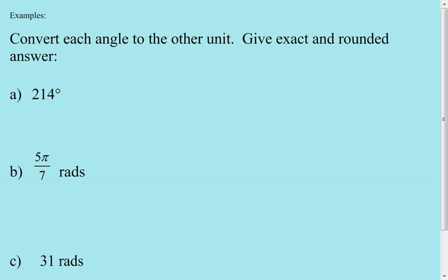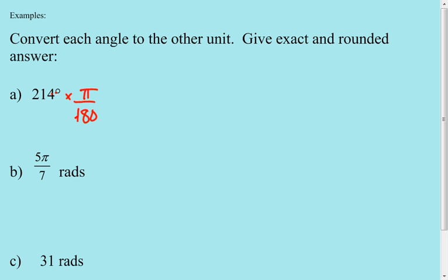I am first of all giving you an angle in degrees. It's 214 degrees. I want to get that to radians. So I am going to multiply by pi over 180. Again, the 180 part is the degree part, and I want degrees kitty corner from each other. Okay? So first of all, I'm going to get an exact answer.